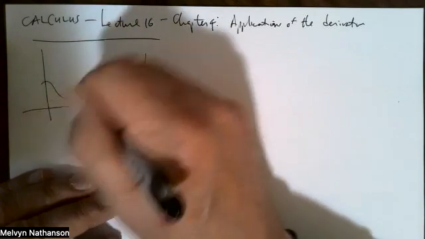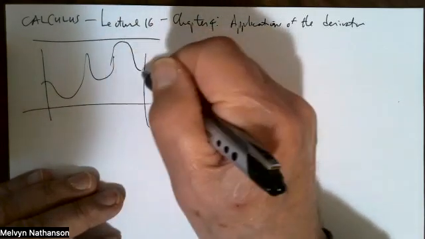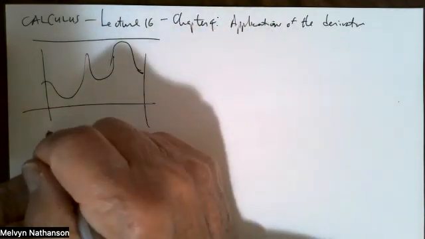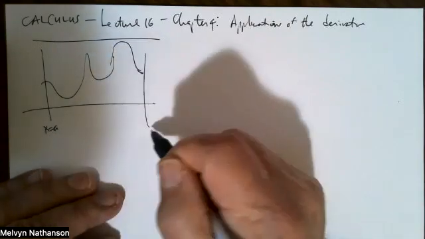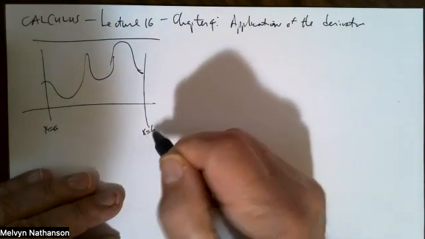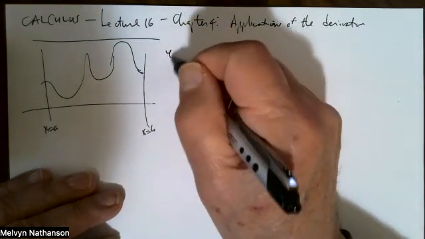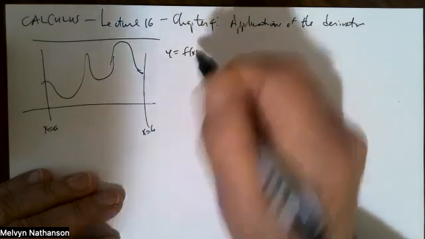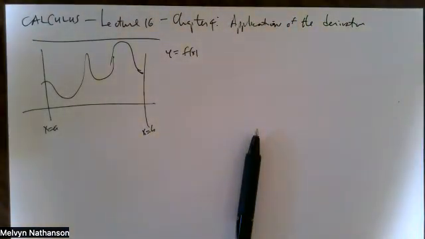So we have a function, maybe let's define it like this, from x equal a to x equal b. And this is the graph of the function, y equals f of x.